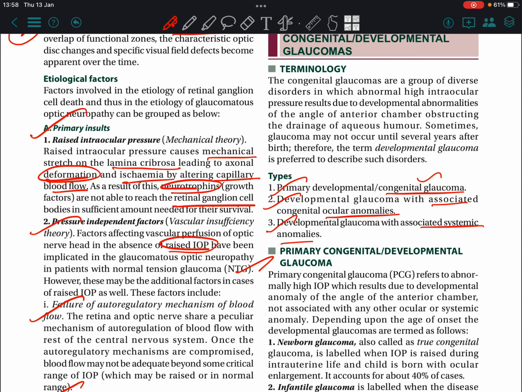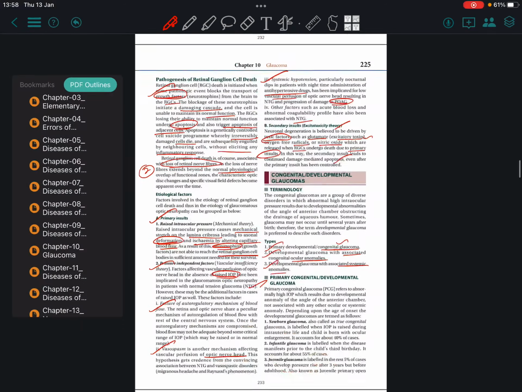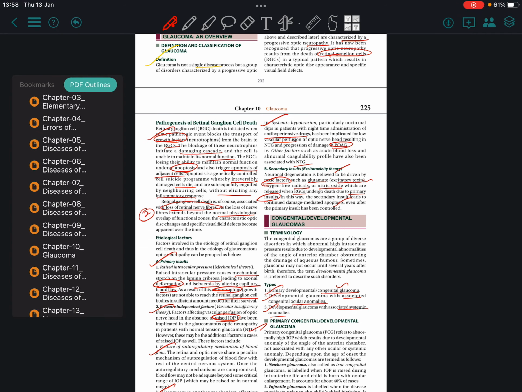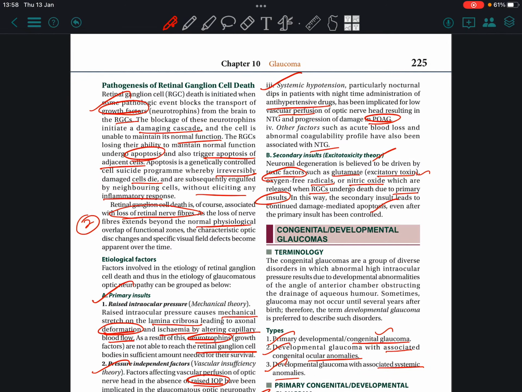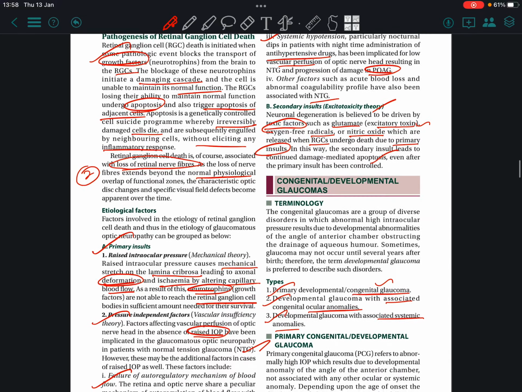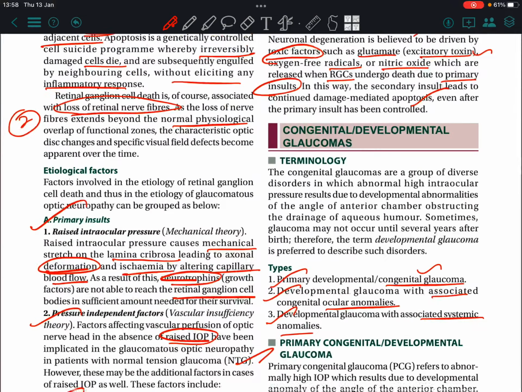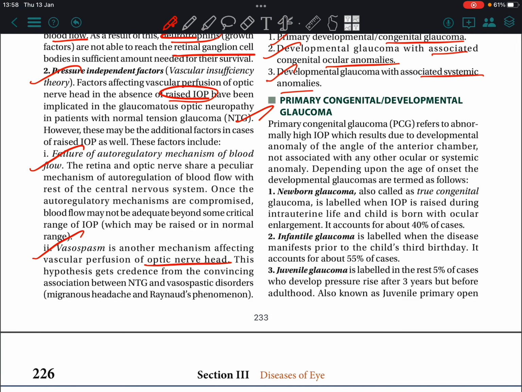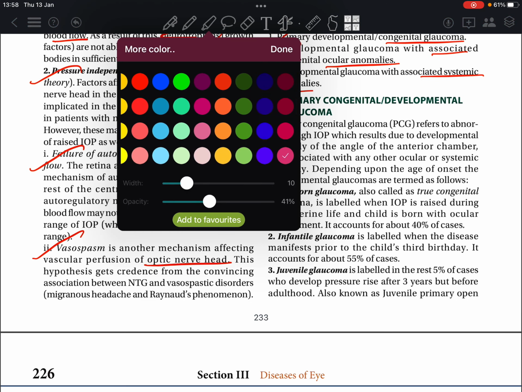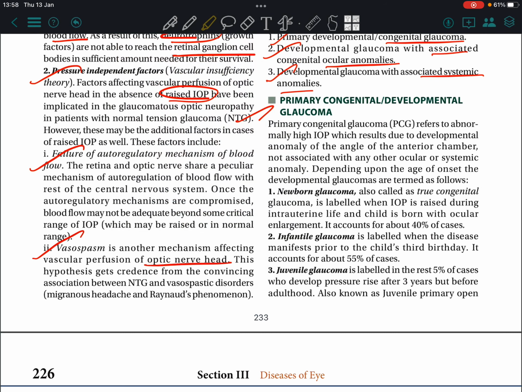Primary developmental congenital glaucoma refers to abnormally high IOP which results due to developmental anomaly of the angle of the anterior chamber, not associated with any other ocular or systemic anomaly.